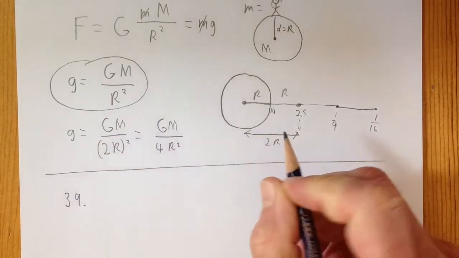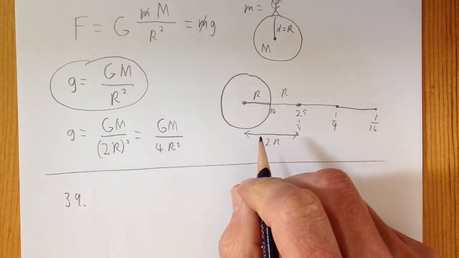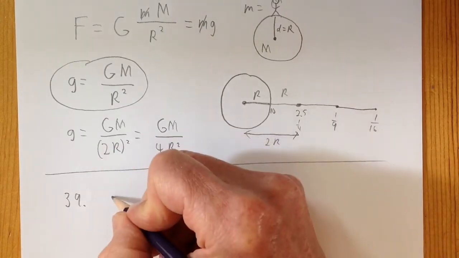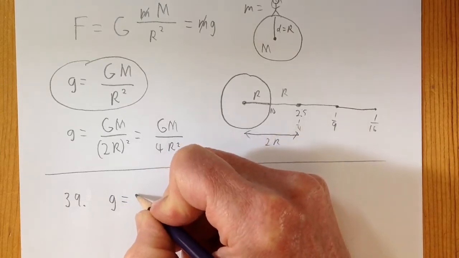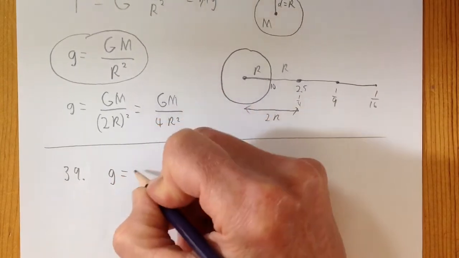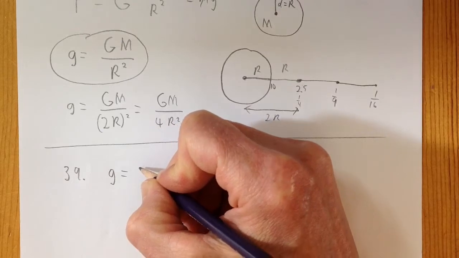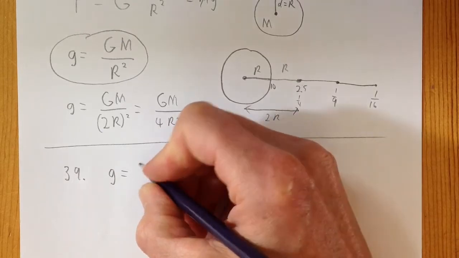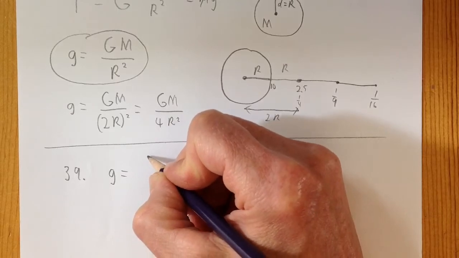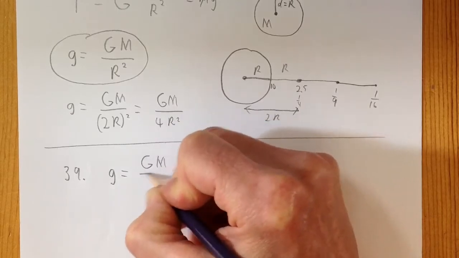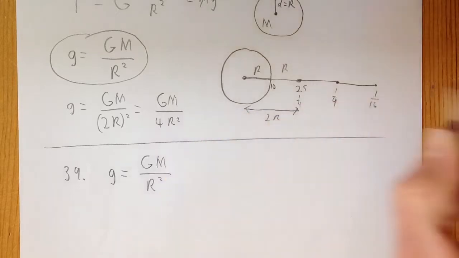So again, we can just use ratios. If the mass is 80 times more, we know g on the Earth is 10, or you could use 9.8. Let's use 9.8. g on the Earth goes as big G m divided by the radius of the Earth squared.